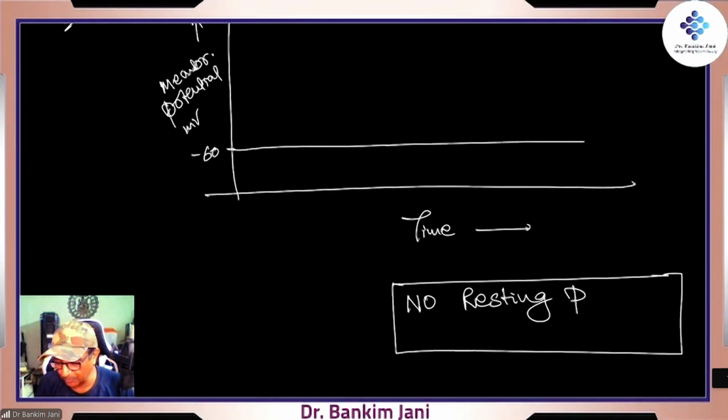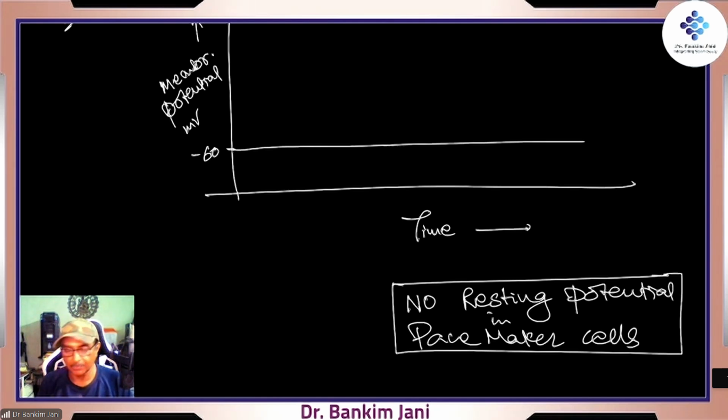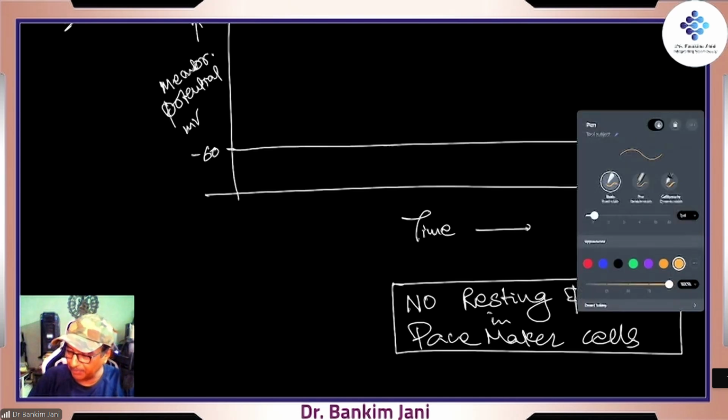There is no resting potential in pacemaker cells. So it will never happen that a flat line comes. Because if a flat line comes, that means the signals are not going from the SA node. Then what will the heart do? So here it is coming up, the first part.